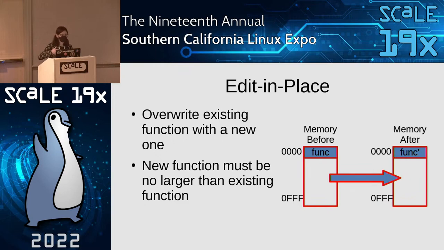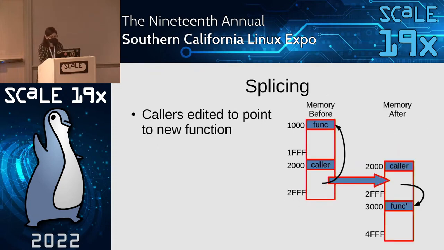I'm not talking about patching individual bytes or a module. So in this case, I have a function here that I want to overwrite, make into this one, and if it happens to be the same size or smaller, I can just overwrite that in memory. I haven't found any examples of doing edit in place that I'm aware of.